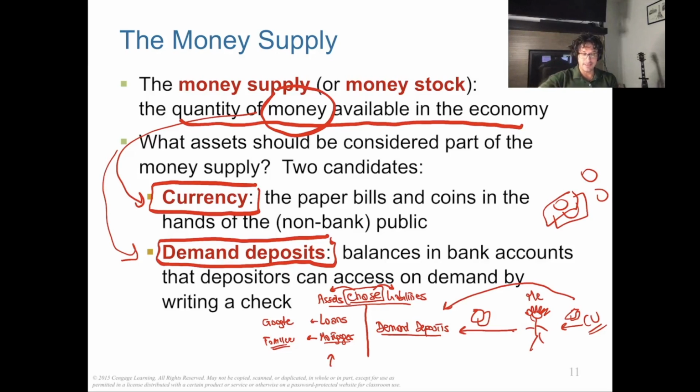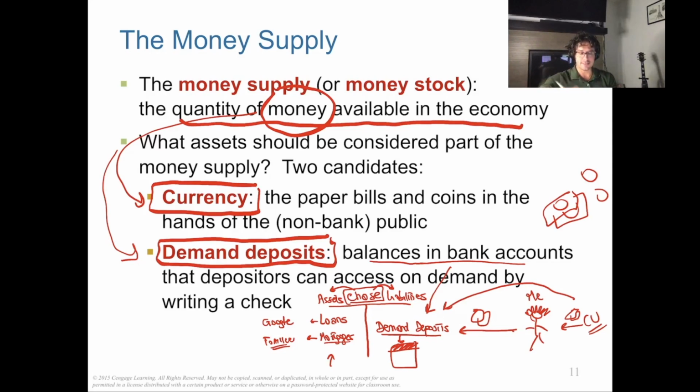Importantly, these are balances in the bank account that I can access whenever I want. If I go to Whole Foods to buy some groceries, I swipe my debit card, and it automatically draws from my demand deposits, where I have very little money, but I take out part of this money in order to make the purchase.